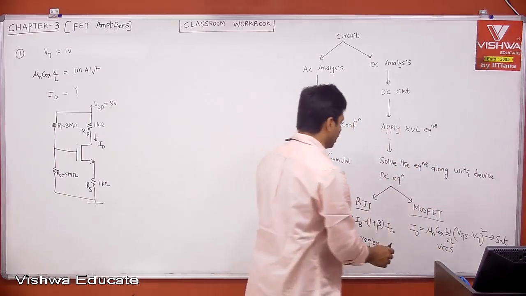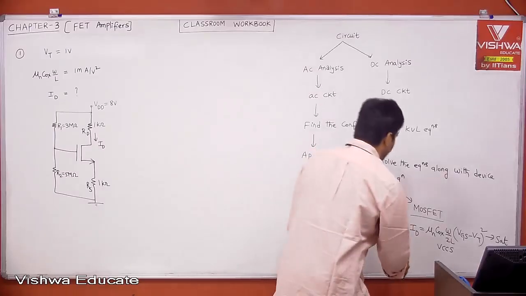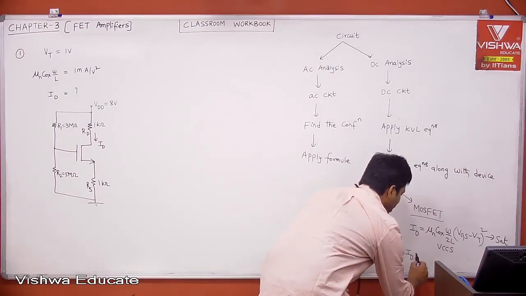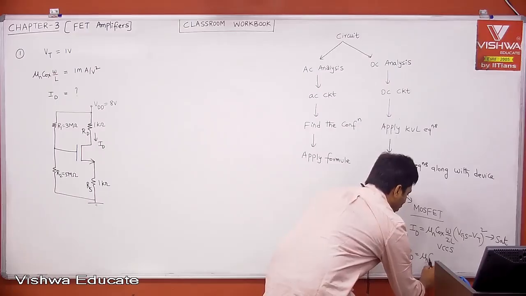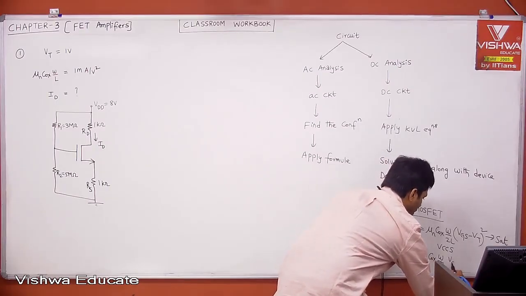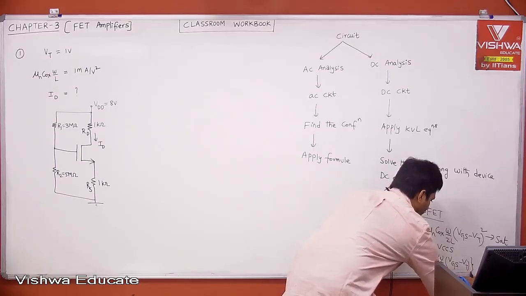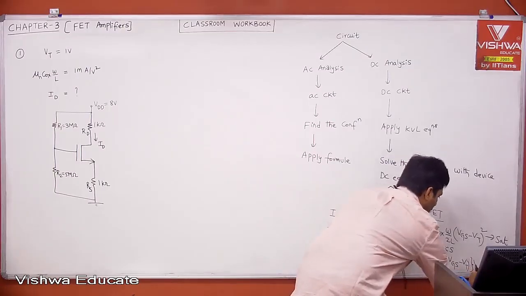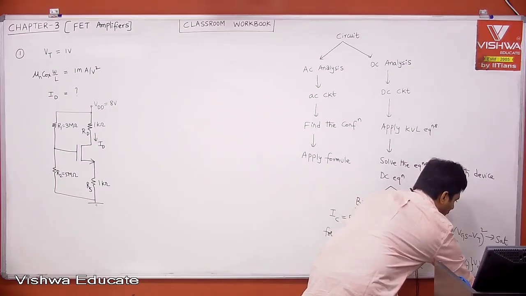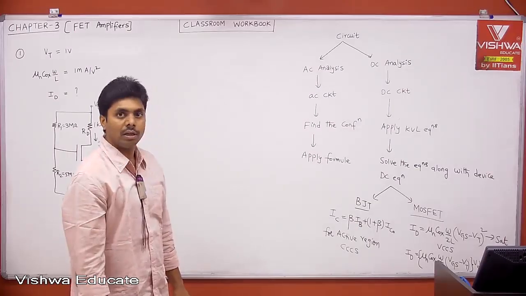But we have another ID; we don't have IC sat basically, but here we have ID linear, which I already told before: mu n Cox W by L into (VGS minus VT) into VDS. That is true when the transistor is in the linear region.